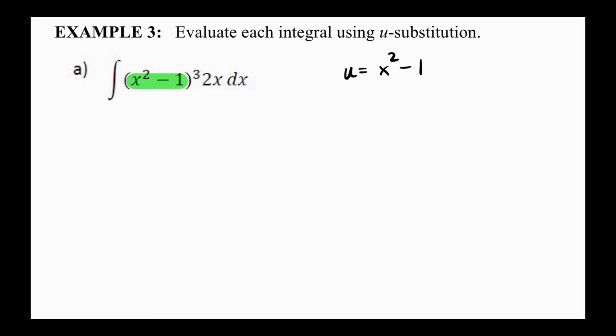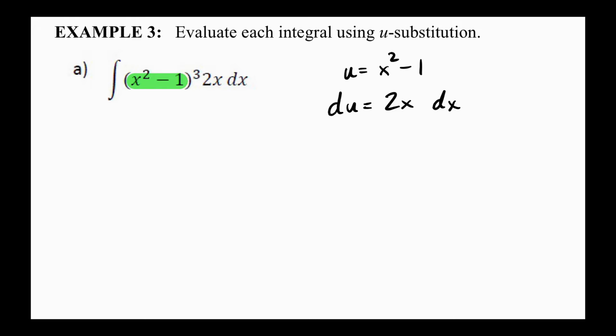Okay. Once I identify U, I find du. Du is easy. It's just the derivative of U. So what's the derivative of U going to be? 2x. Always needs a dx at the end. Okay, that's step 3. Step 4, solve for dx.